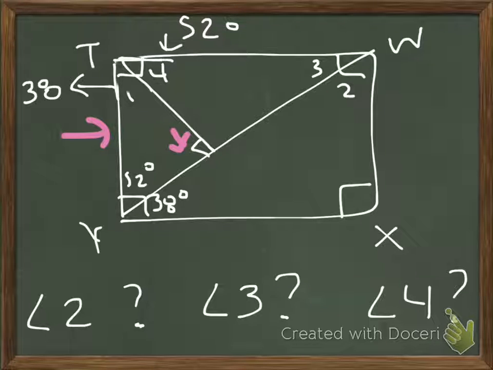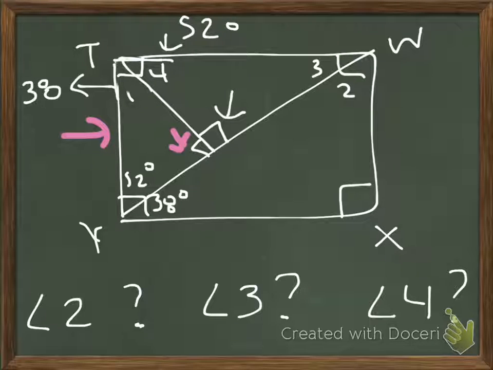Now, if we go to the next angles, if angle 4 is 52, angle 3 is going to have to equal something but we don't quite know yet. And then look across from the right angle. On the other side of the right angle, there's always another right angle symbol.